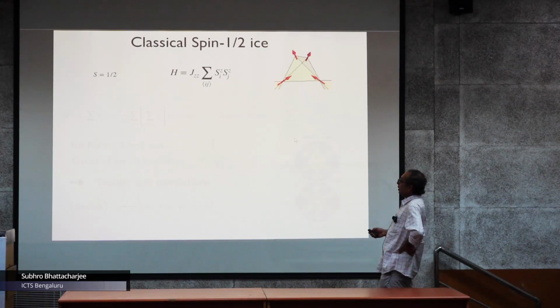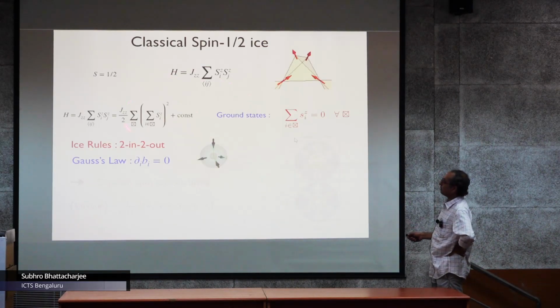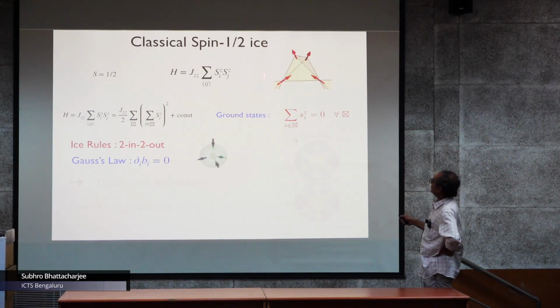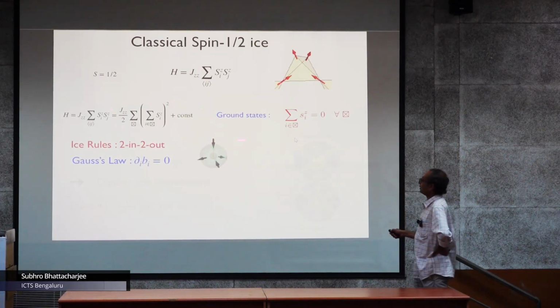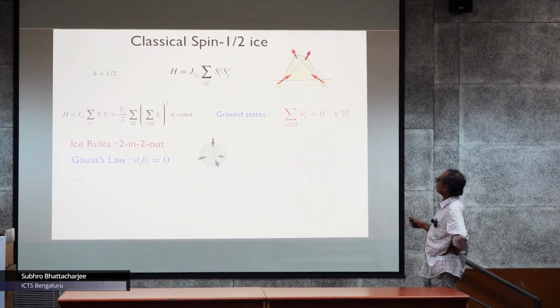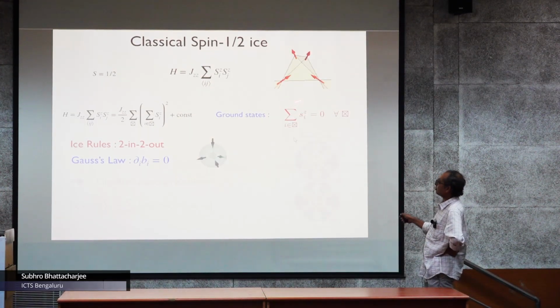As many of you know, this interaction can be written as the total spin per tetrahedron, and because the ground states are macroscopically degenerate, all you want is that the total spin in each tetrahedron adds up to 0.